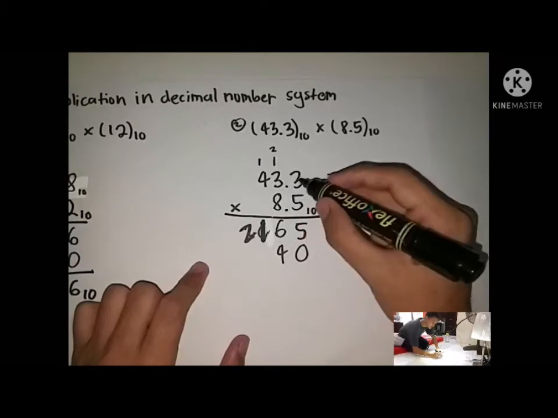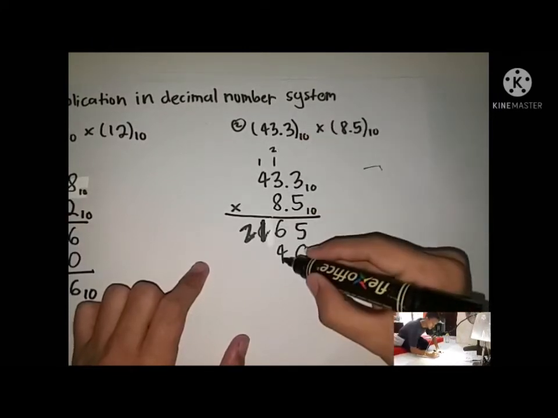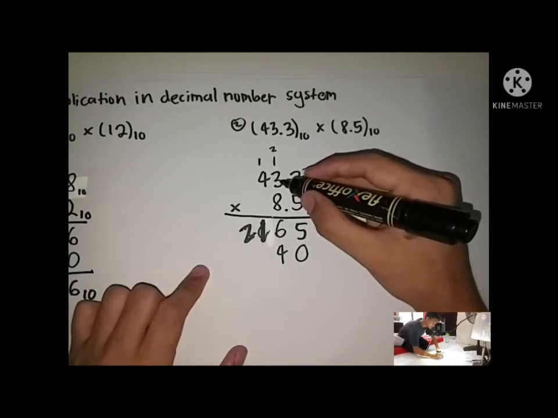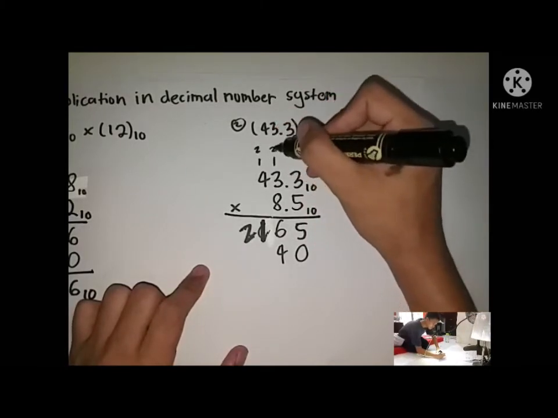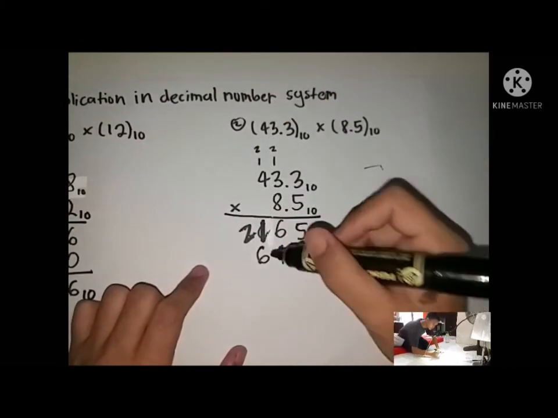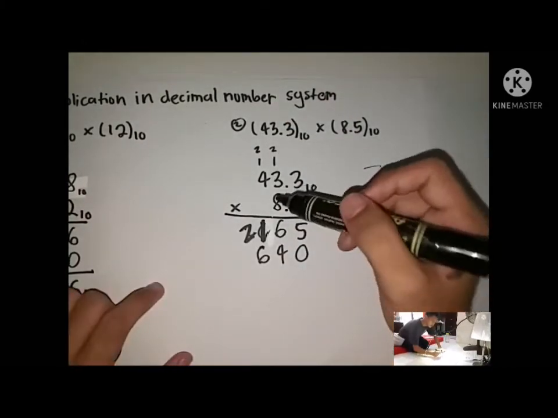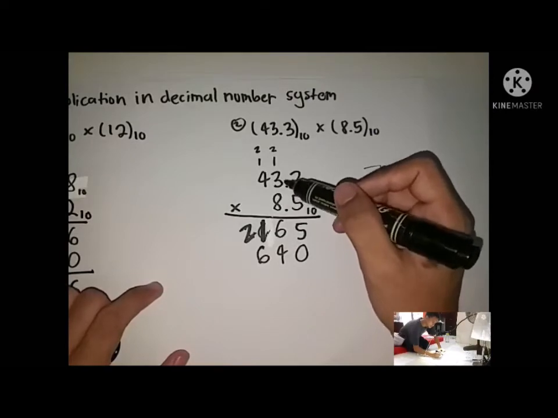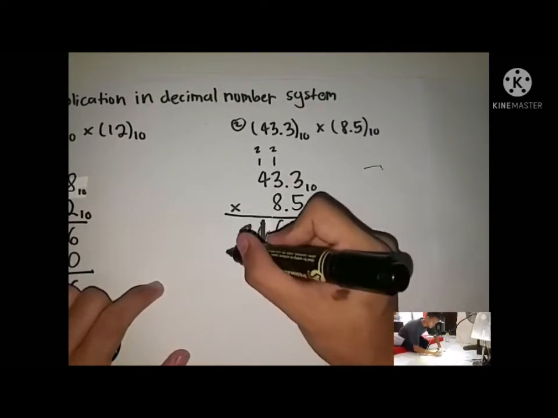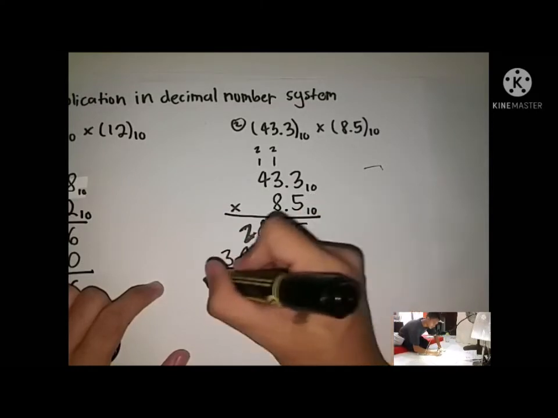So 8 times 3, it gives a 24. So secondly, 8 times 3, it gives us a 24 also, plus 2, 26. So next, 8 multiplied by 4, it gives us a 32, plus 2, it gives us a 34.